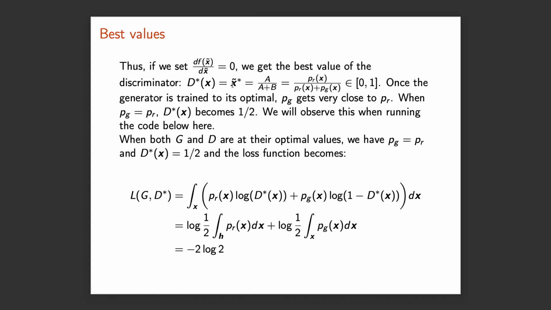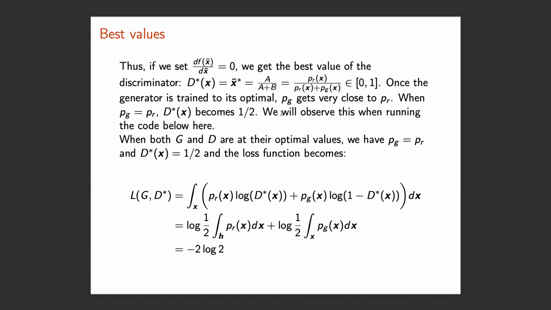Once a generator is trained to its optimal value, the two probabilities get close to each other. When these are very close to each other, this becomes equal to a half. If you look at the codes in the lecture notes for this week, this is what you will get when the training is getting close to an end.